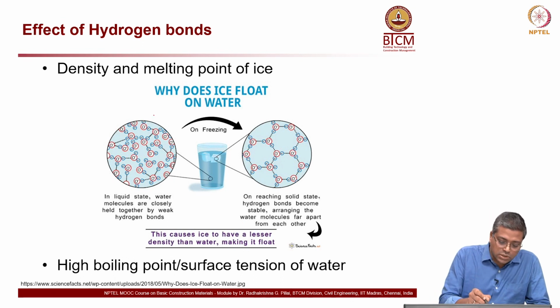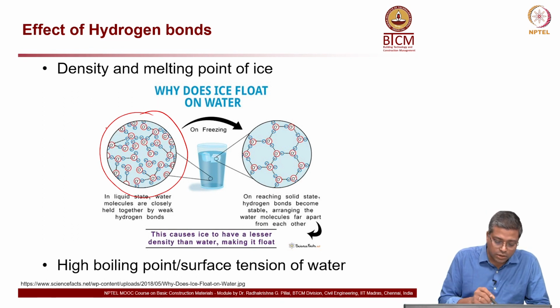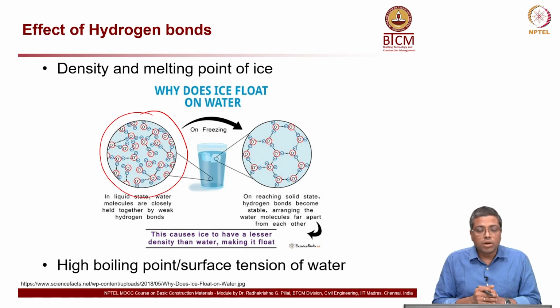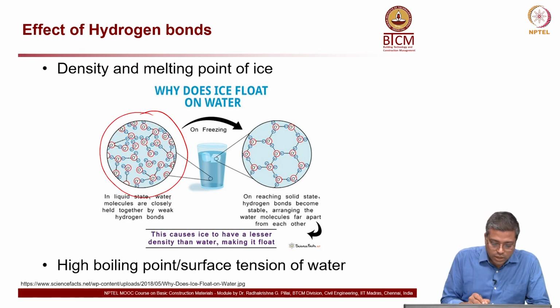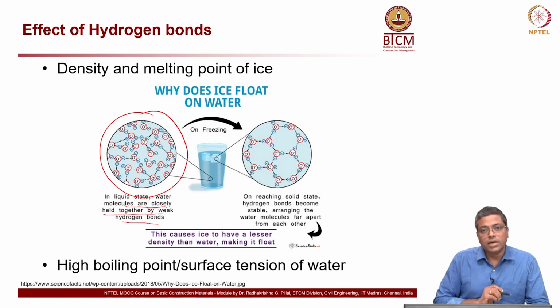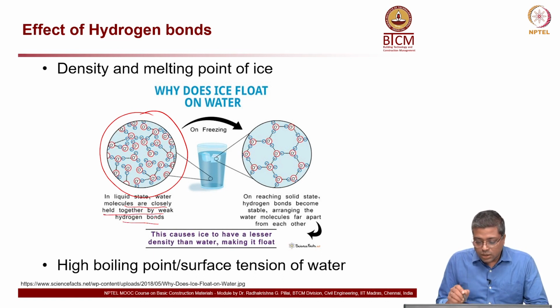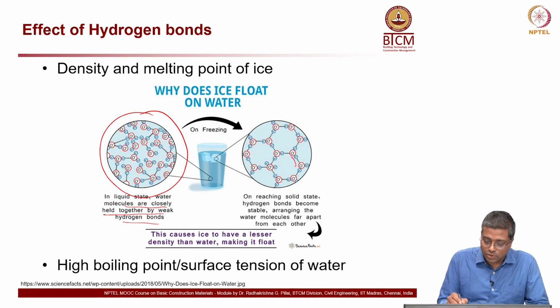You can see on the left side, in liquid water, you have these different bonds, but there is no proper organized fashion. In the liquid state, water molecules are closely held together by weak hydrogen bonds. On the right side, when ice crystals are formed, you have a well structured atomic structure.